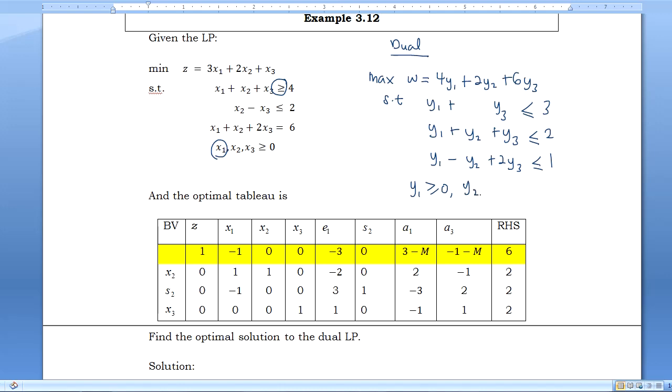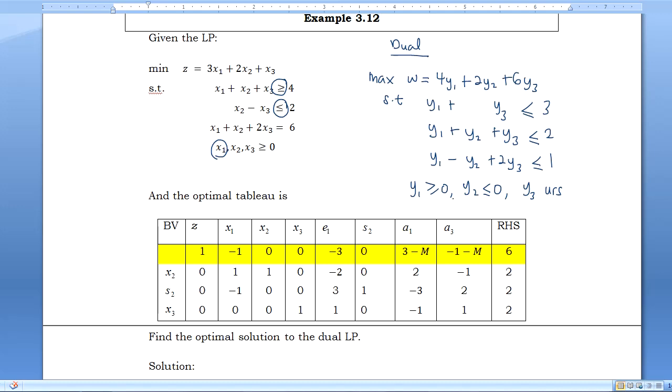For y2, this is not the sign for normal minimum, therefore y2 is also not a normal variable. y2 is less than or equal to 0, and y3 is URS. Now let's get the value for y1, y2 and y3.